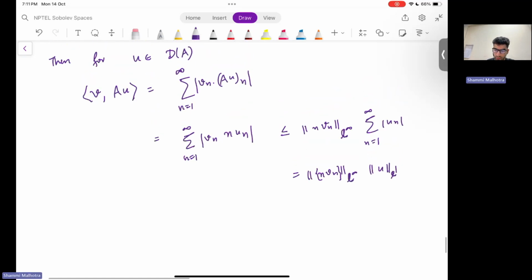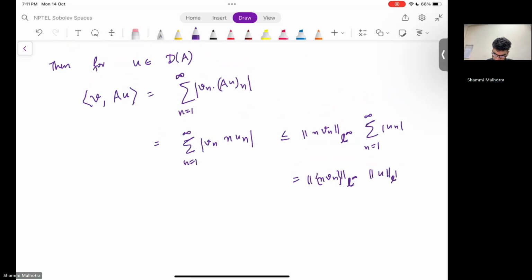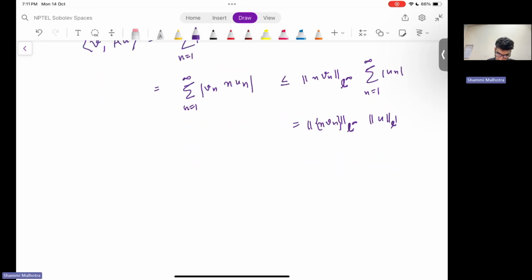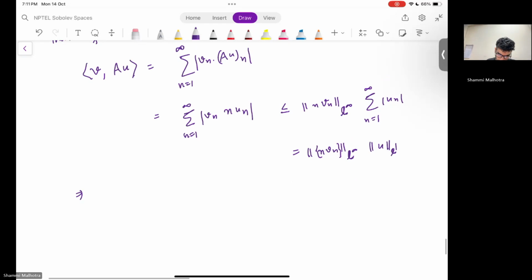And this holds for all u in D(A). What this implies is that v actually lies in D(A) star.